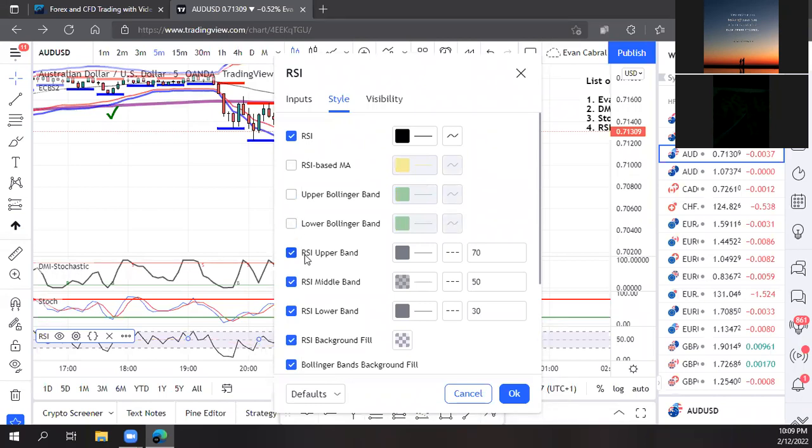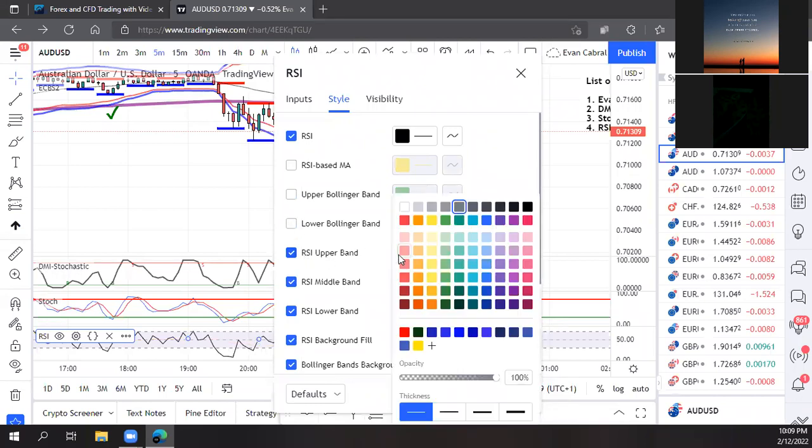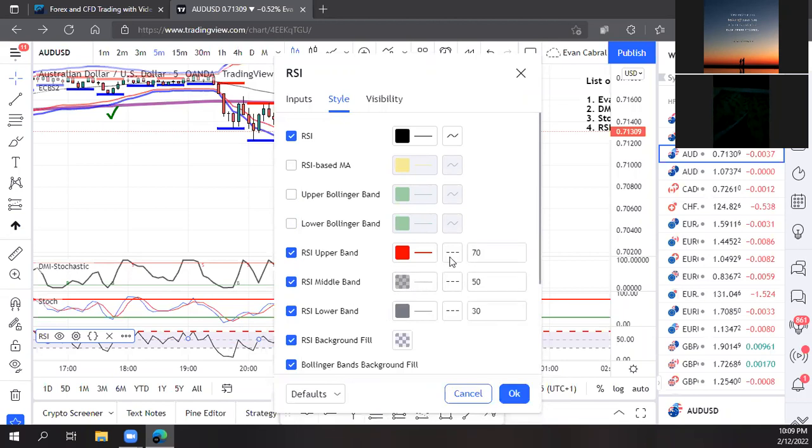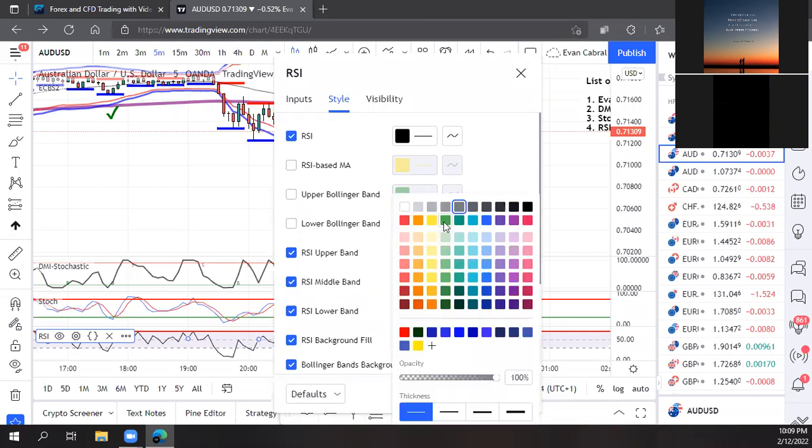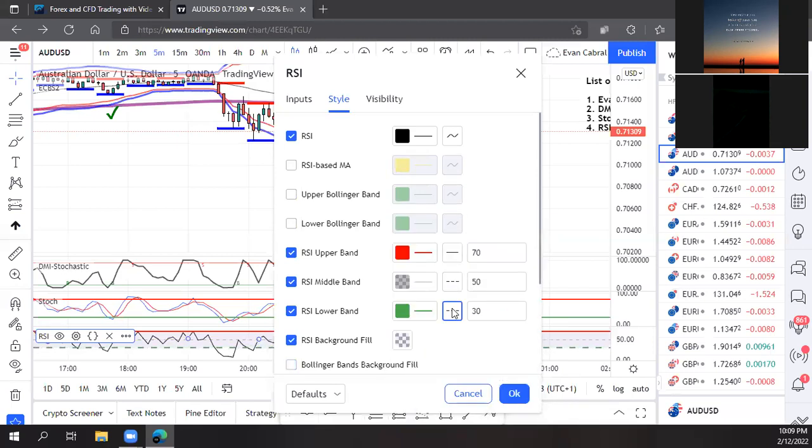So where it says RSI upper band, I want to make that red, and I want to also make this a line, not a dashed line. So this is what I'm doing. Where it says lower band, I'm making it green. Then I also want to make it thick, something like this.